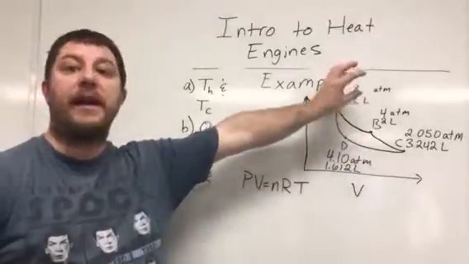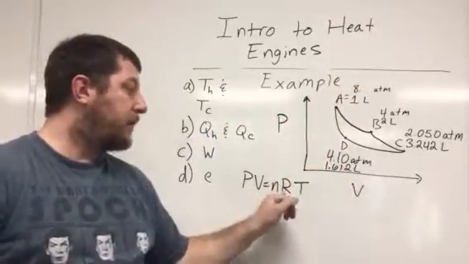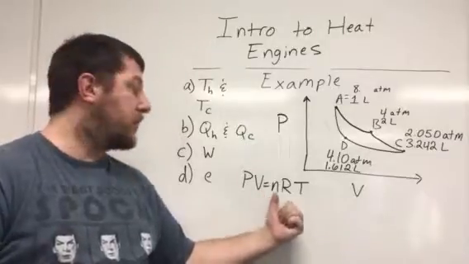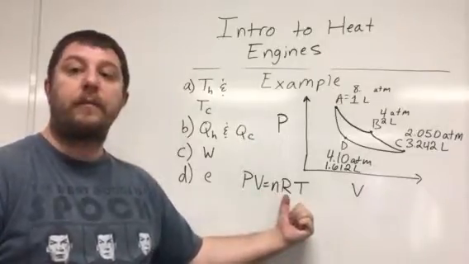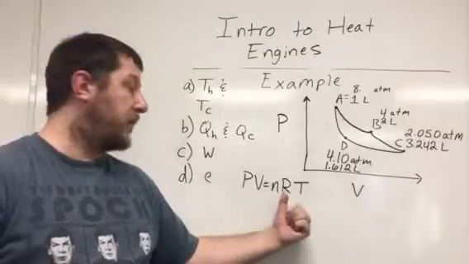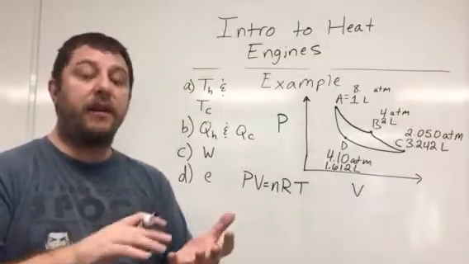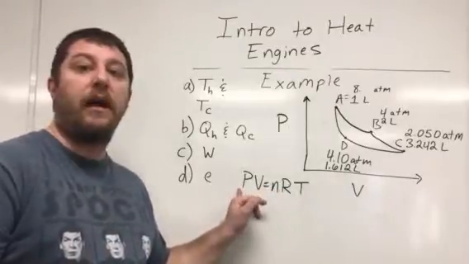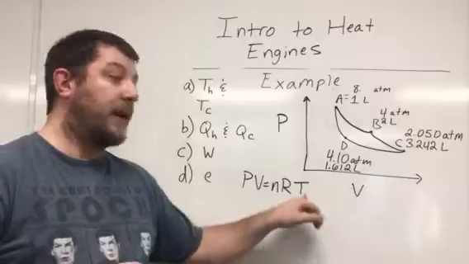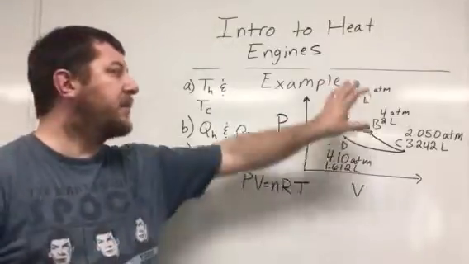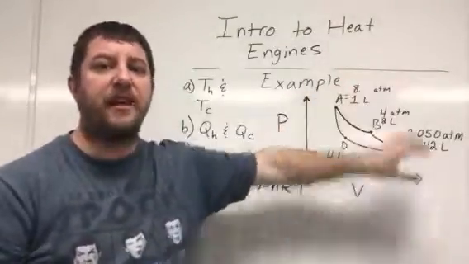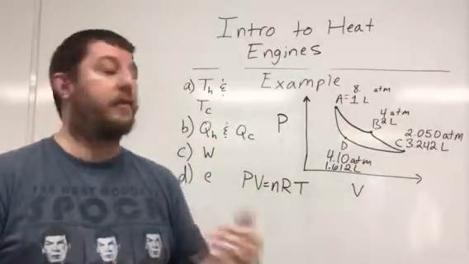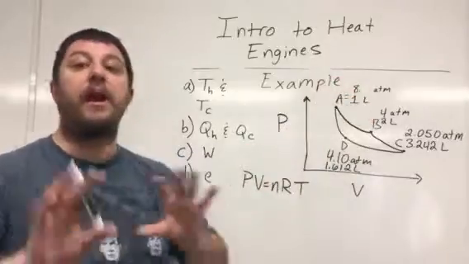Now, these are all in atmospheres and liters, and typically this would be in pascals, cubic meters, moles, and the gas constant is going to be in units of moles, cubic meters, pascals, and Kelvin. But instead of converting all of these into their SI units, we're going to convert R into the units of atmospheres and liters.